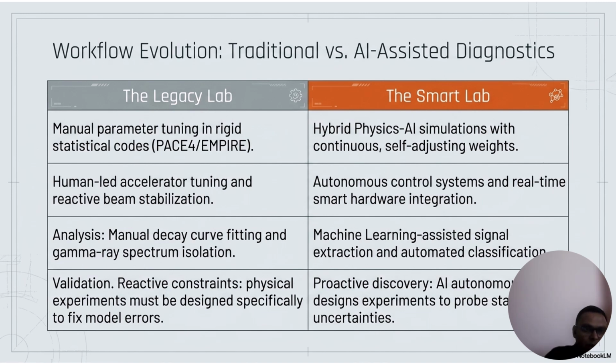In the legacy lab, analysis is manual decay curve fitting and gamma ray spectrum isolation, while in the smart lab, machine learning assisted signal extraction and automatic classification. In the legacy lab, validation is reactive: physical experiments must be designed specifically to fix model error, while in the smart lab, predictive discovery: AI autonomously designs experiments to probe the stability and uncertainty.